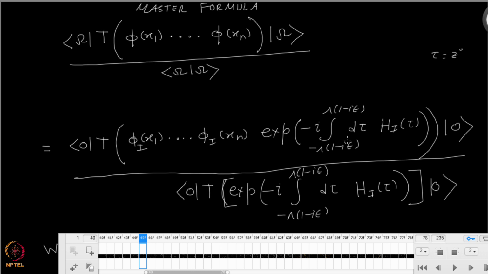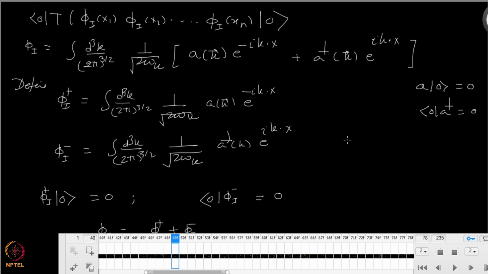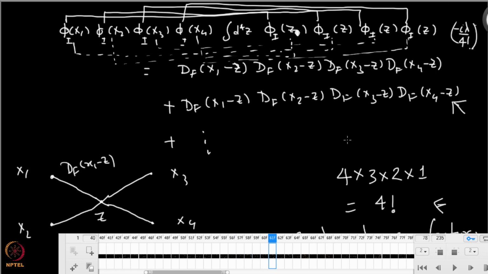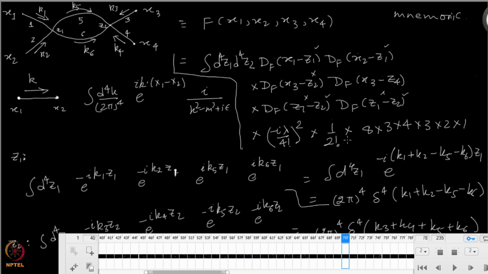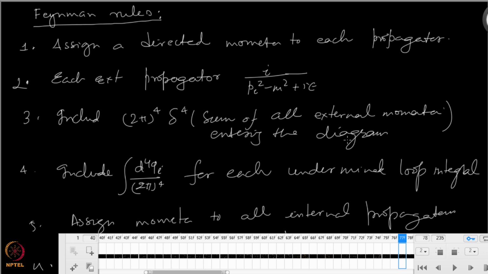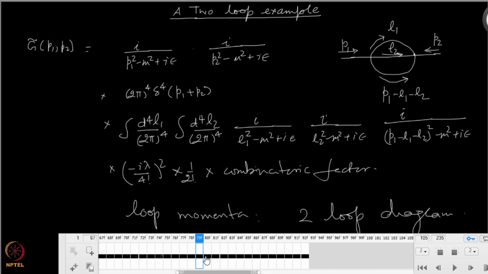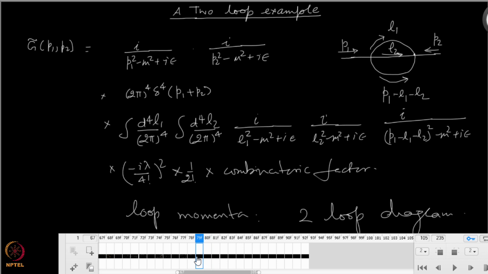Okay, but all the calculations that we have done later, and we have been doing lots of Fourier transforms, in all those places we have been pretending as if it is the usual Fourier transform, where the integrals run from minus infinity to plus infinity, without paying attention to the fact that the limits were actually from minus lambda 1 minus epsilon to lambda 1 minus epsilon.